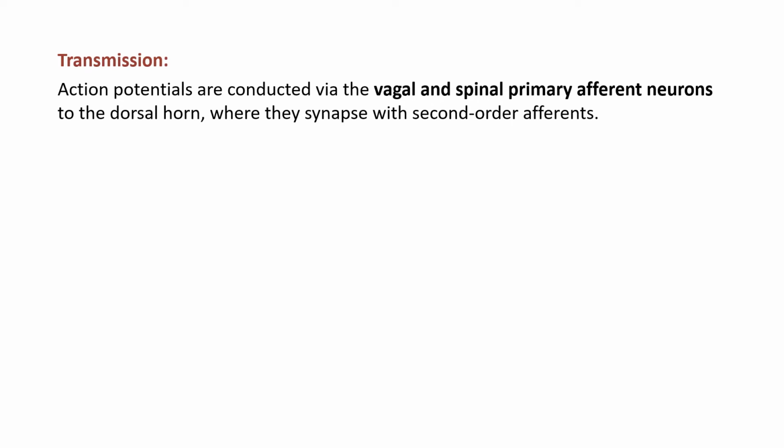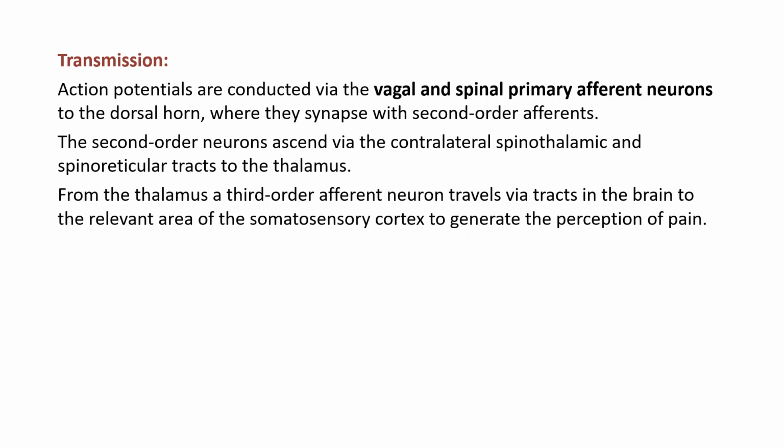Which brings us to transmission. So action potentials are conducted up via the vagal and the spinal primary afferent neurons up to the dorsal horn, where of course they then synapse with second order afferents.